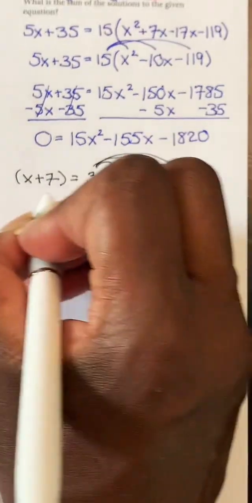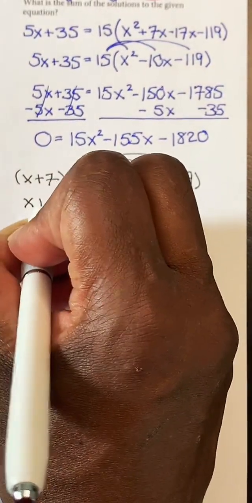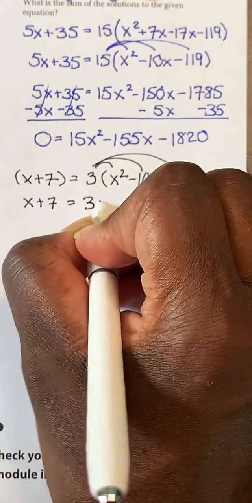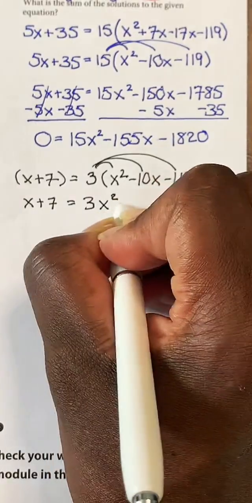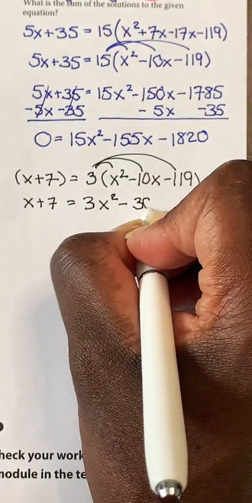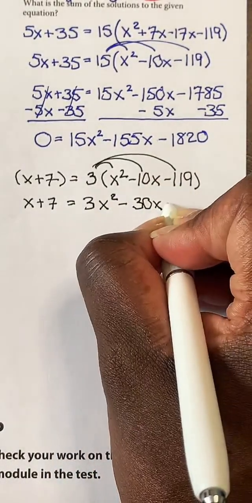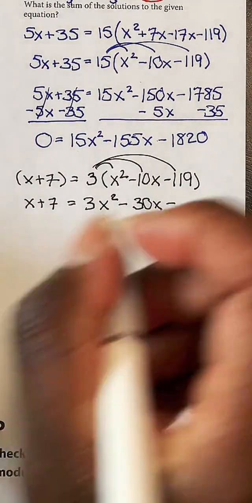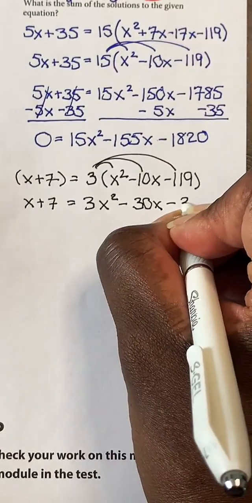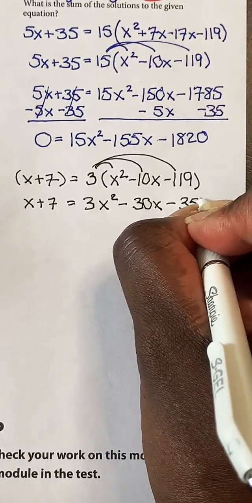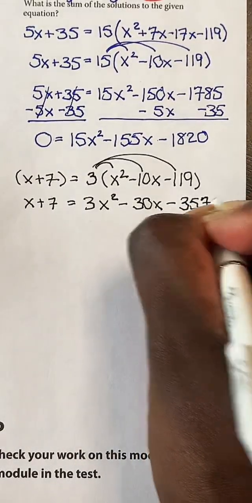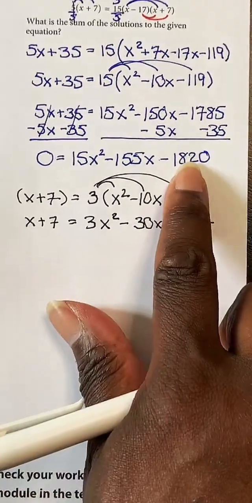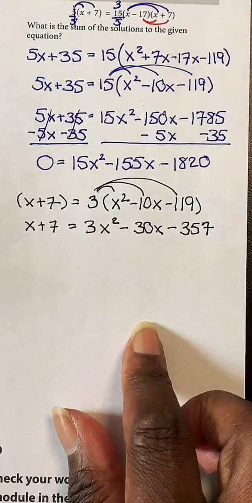So then you'll get your x plus 7 equals 3 times x squared minus 30x. Now we got our 119 times 3. Yes, that's better. Now we got 357. Isn't this so much nicer to deal with than 1,000?